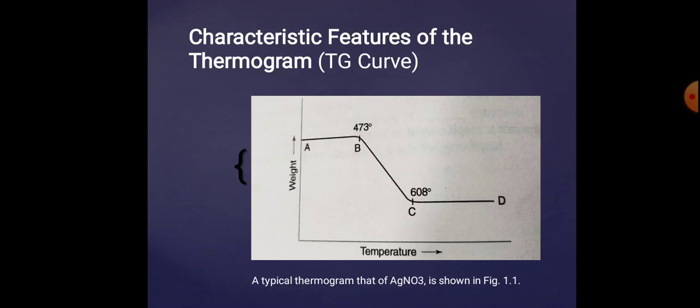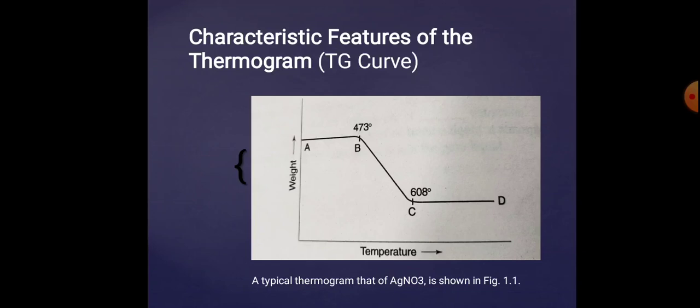The line AB is exactly parallel to the x-axis, which indicates that there is no fluctuation in the weight of AgNO3. Means AgNO3 up to 473 degrees Celsius is constant. There is no reaction and no effect on AgNO3 during AB.